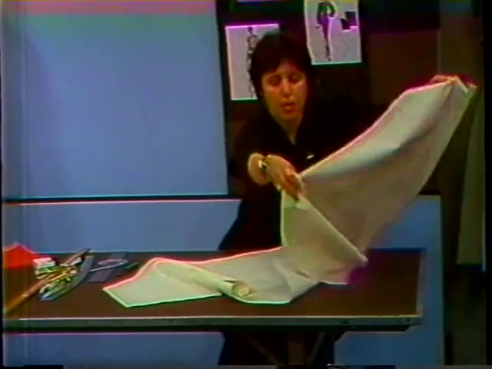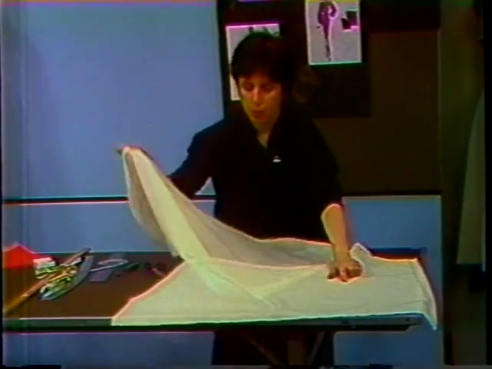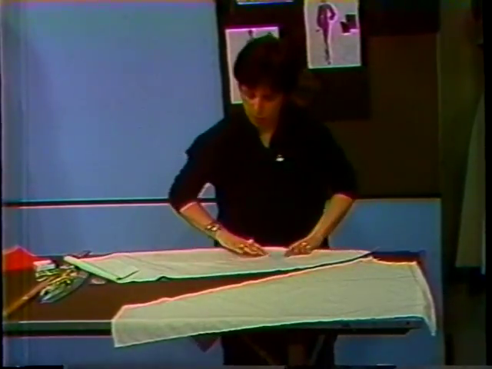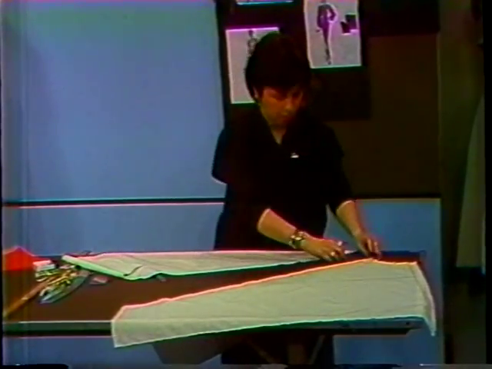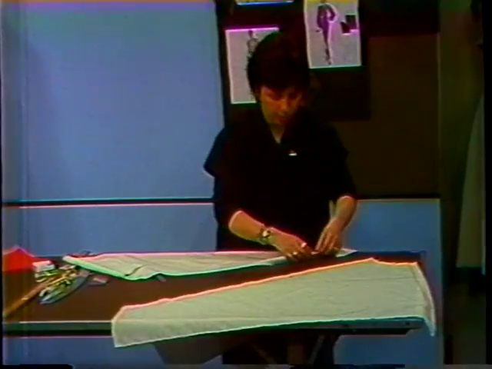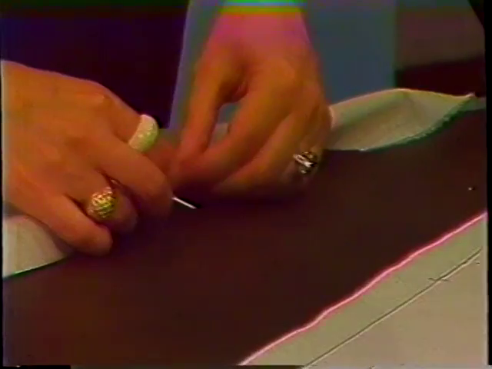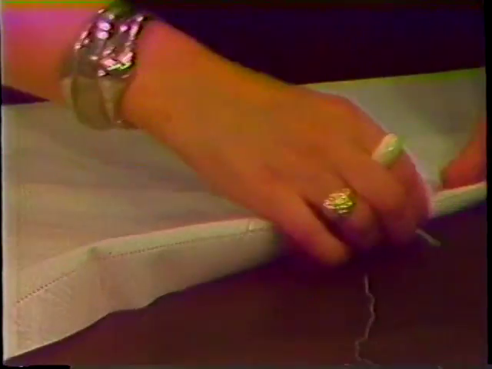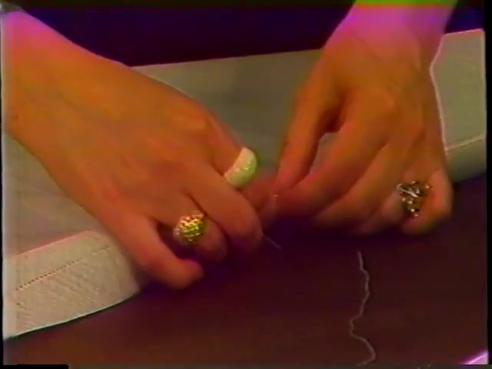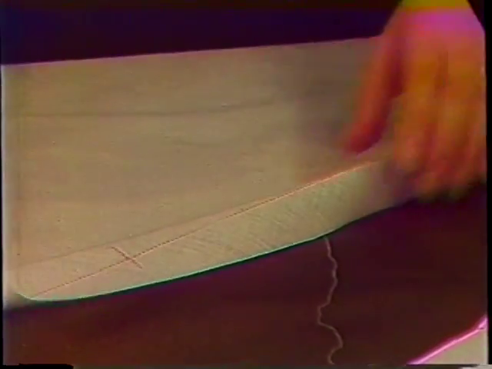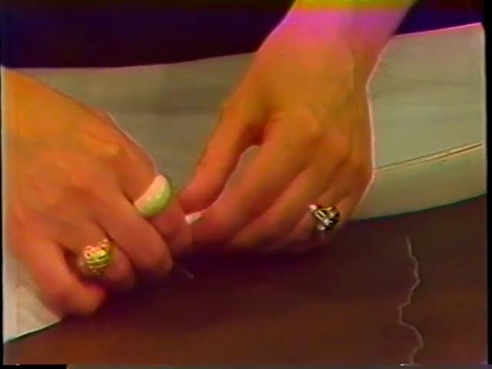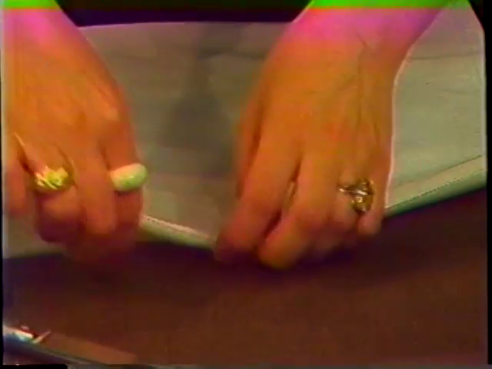Separate the pieces and fold back the back side seam over the front, finger creasing first and being very careful at this point because the side seam is a bias line and stretches very easily.